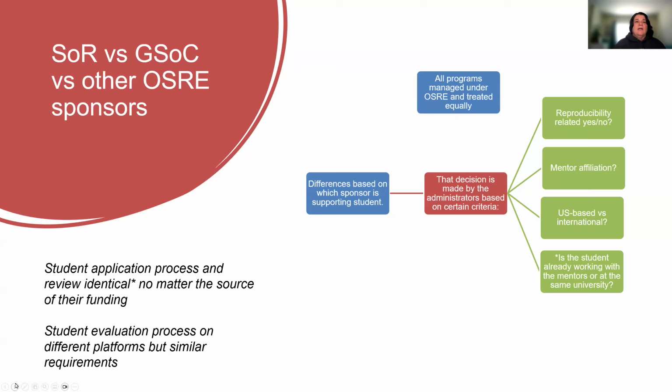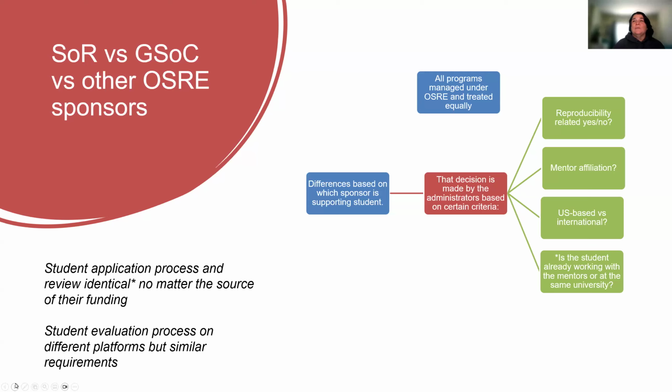But from the student's perspective, the evaluation process is similar. The proposal process is the same and the evaluation process is similar. So the evaluations get done for GSOC students on the GSOC portal, and for summer reproducibility students and other non-GSOC students on a separate OSRE portal. That's basically a Google form-based evaluation process. They're all basically managed under OSRE, so I try to treat them all equally, and the decision on which one you end up in as a student really is made on a couple criteria.